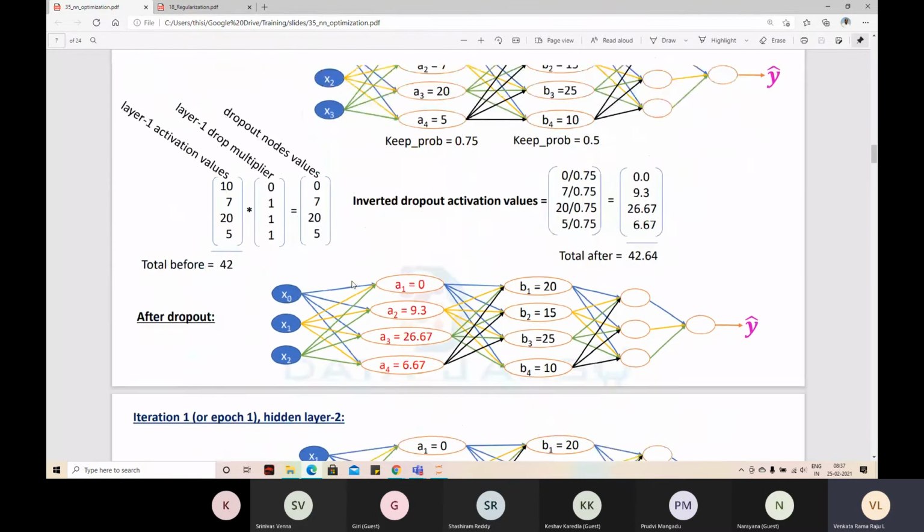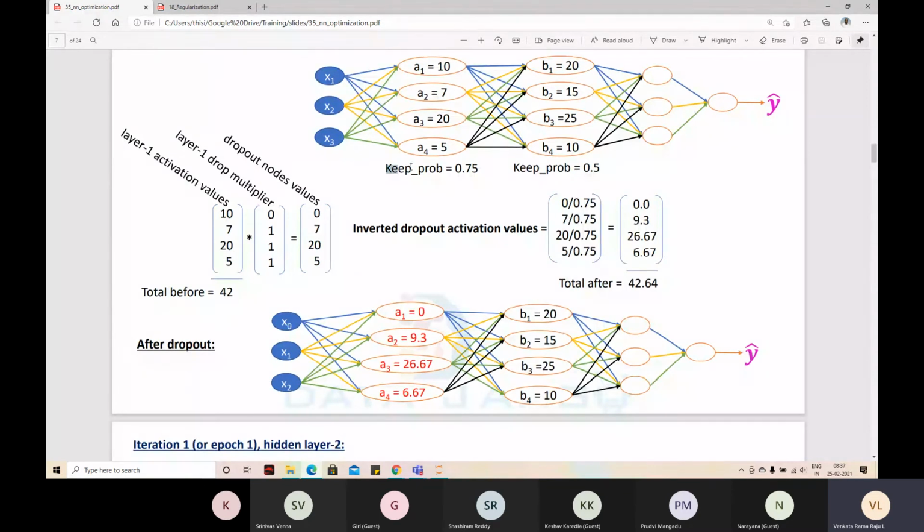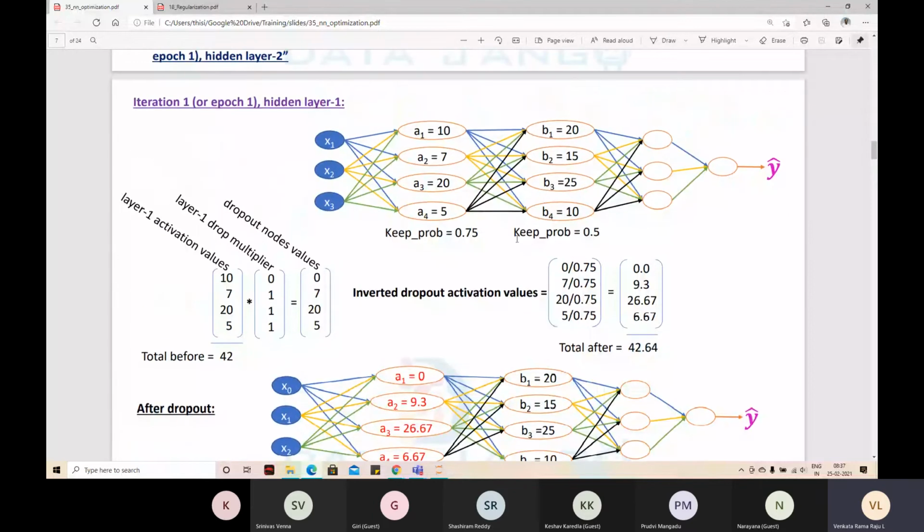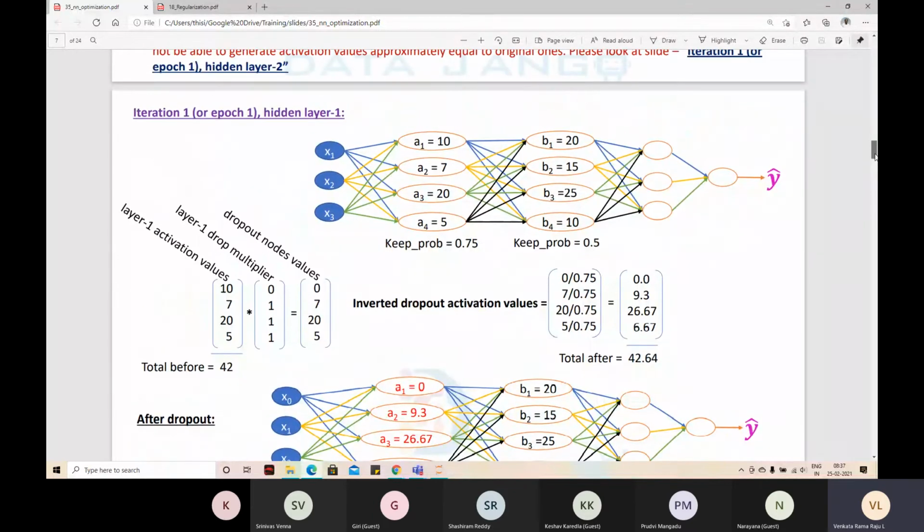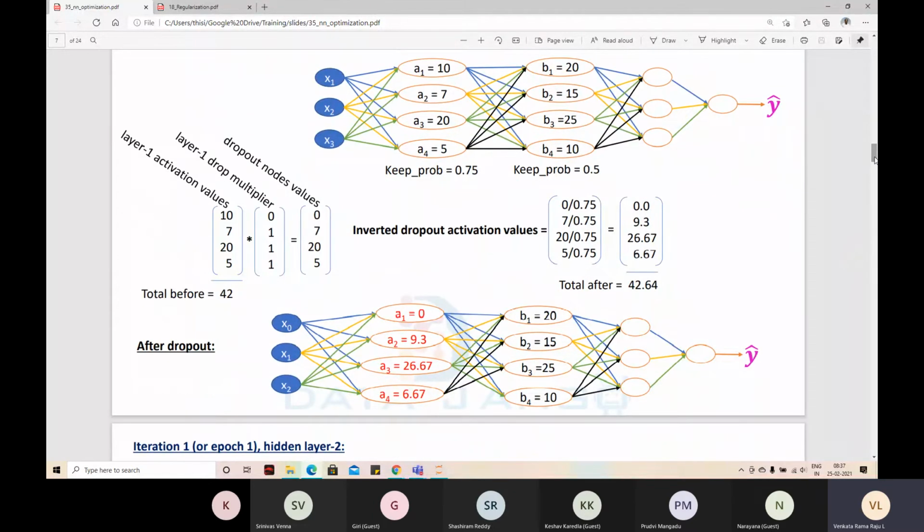But generally, you don't know what is happening before and after on the activation outcomes. In theory, whoever created the dropout regularization concept mentioned that making sure the before and after scores are close to each other will make the model reduce overfitting and work the same way.